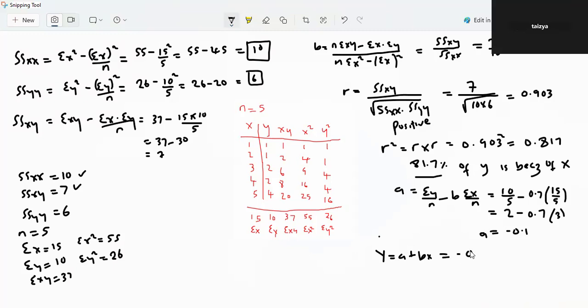Negative 0.1. Plus where there's B, we put 0.7. So this is our first question: find the regression equation. Or some questions say find y on x.